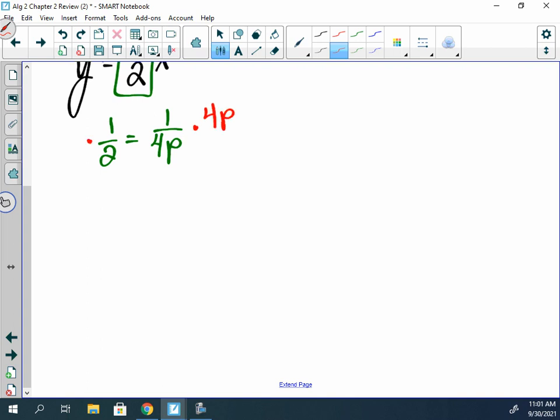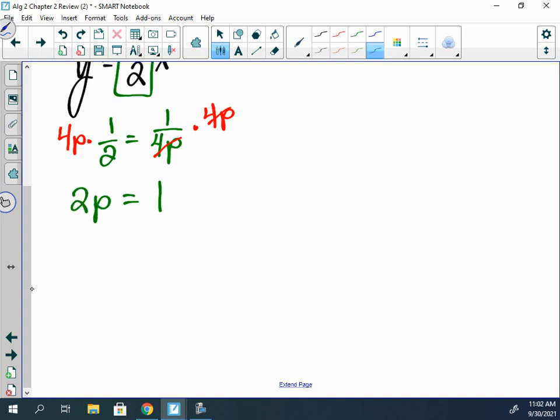Now we can multiply both sides by 4p. The 4p and 4p will cancel, which will give us 1. Now 4 times 1/2 is 2p.